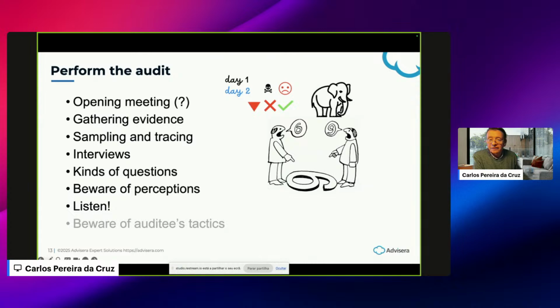So listen. And in the end, be aware of auditee tactics to avoid answers: forgetting to show records, giving excuses, very rational, for something not according to plan, interruptions, or even threats. One final thing is auditors should act like Mr. Spock from Star Trek: calm, rational, and logical.